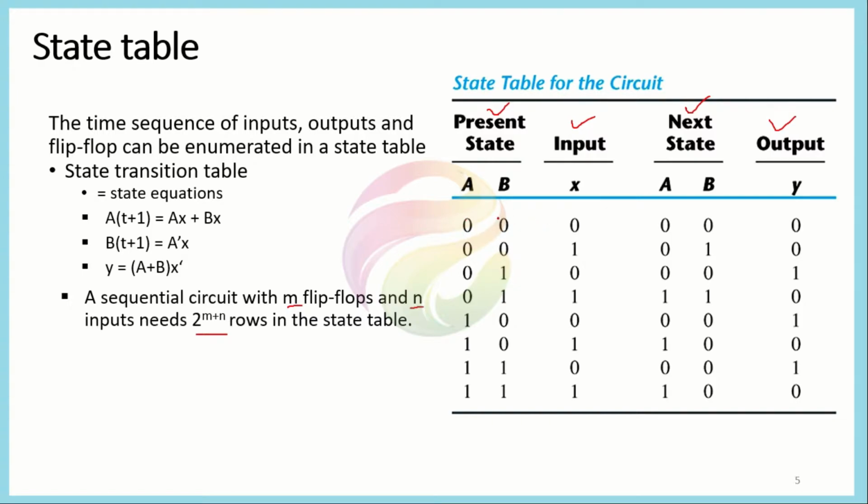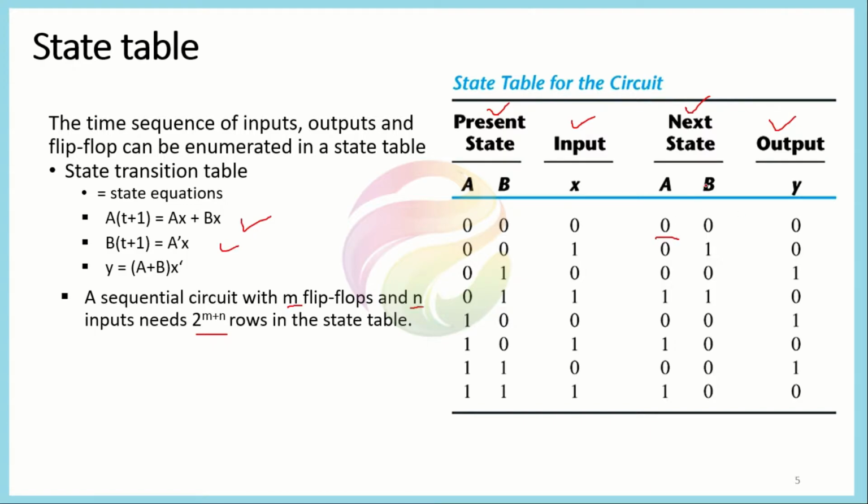And for this value, if we are at state AB equal to 0 0 and an input of 0 occurs, then we simply calculate the next state using these equations. Say for example, for the 0 0 case, if we put the values A and B equal to 0, both are ANDed, so both would be equal to 0 and the result would also be equal to 0, so we would get a value of A equal to 0.